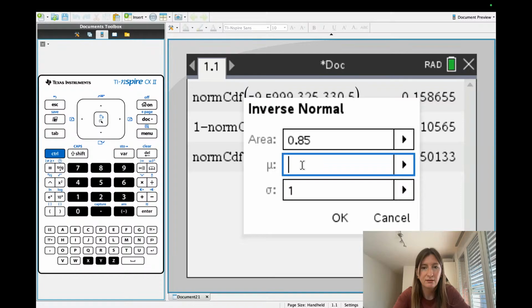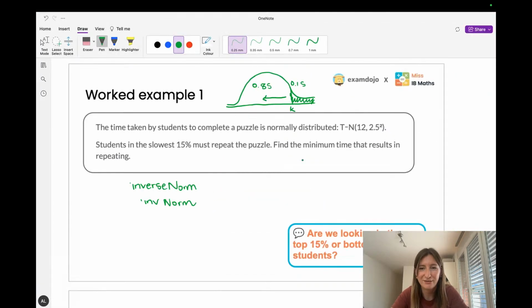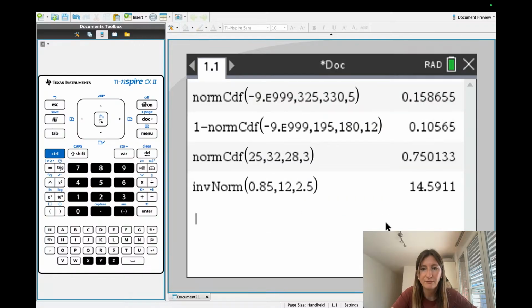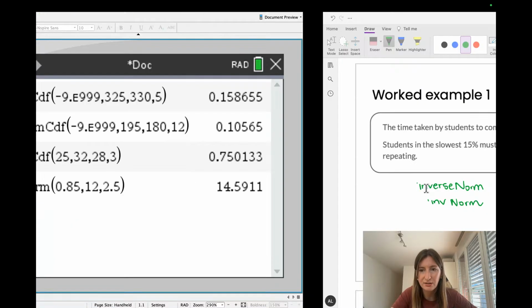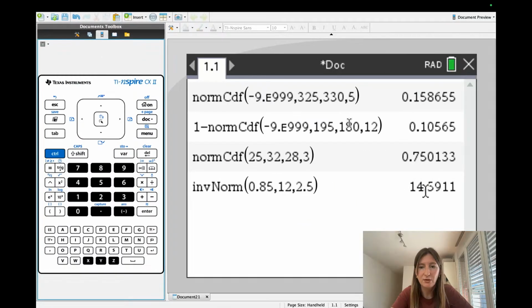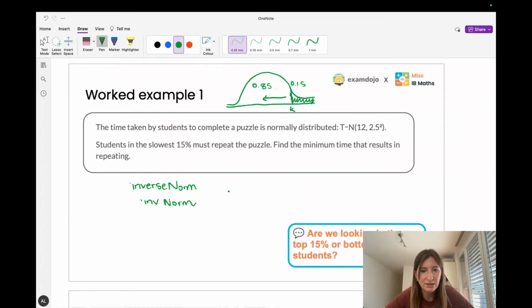The mean, 12, and 2.5. Okay, so that was given, that we figured out, and there we go. 14.59, so 14.6 to 3 significant figures. So this value of k over here is 14.6 minutes.